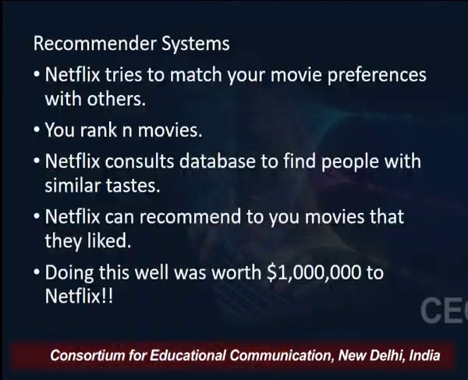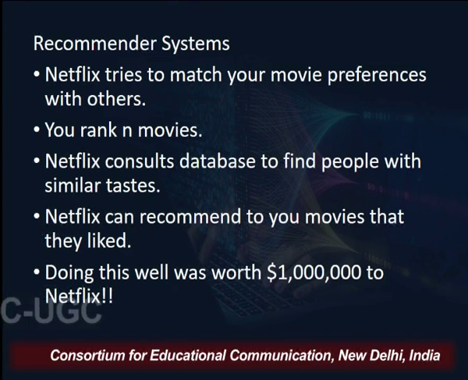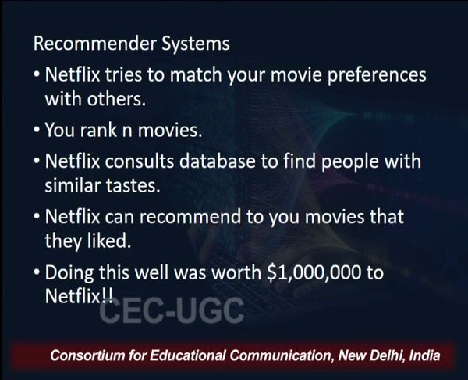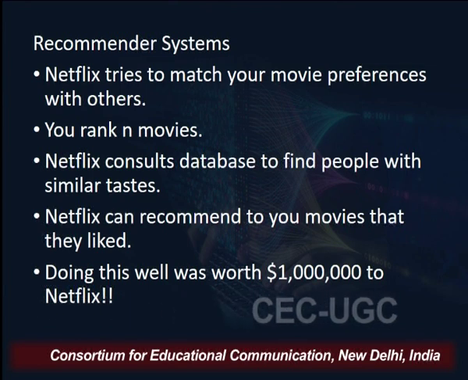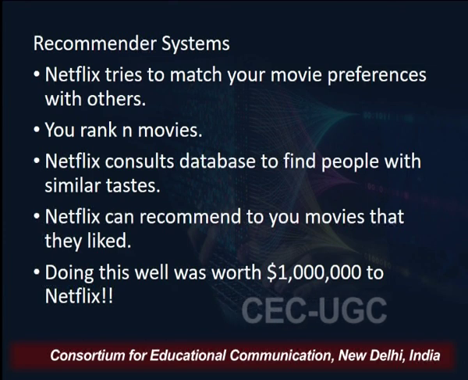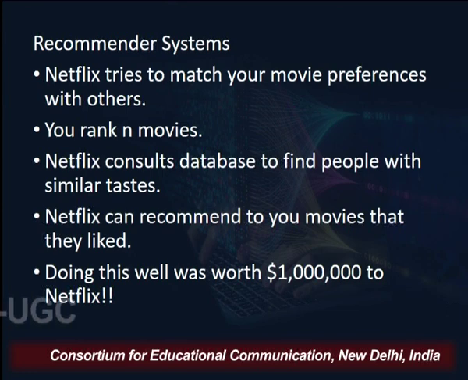Netflix basically tries to match your movie preferences with others. So for example, you as user 1 are going to rank n movies, and then Netflix consults the database to find people with similar taste, so that it can recommend to you the movies that they have liked, and the preferences of these two users, that means the other user and you, are going to be matched.